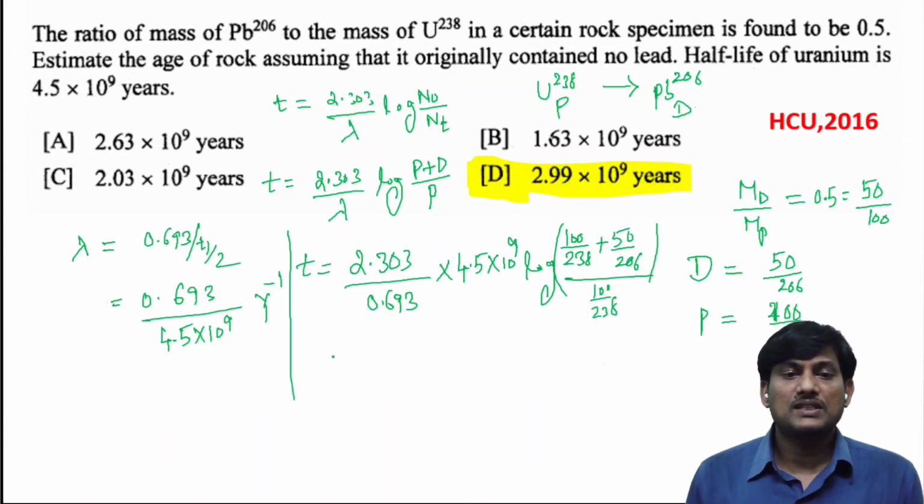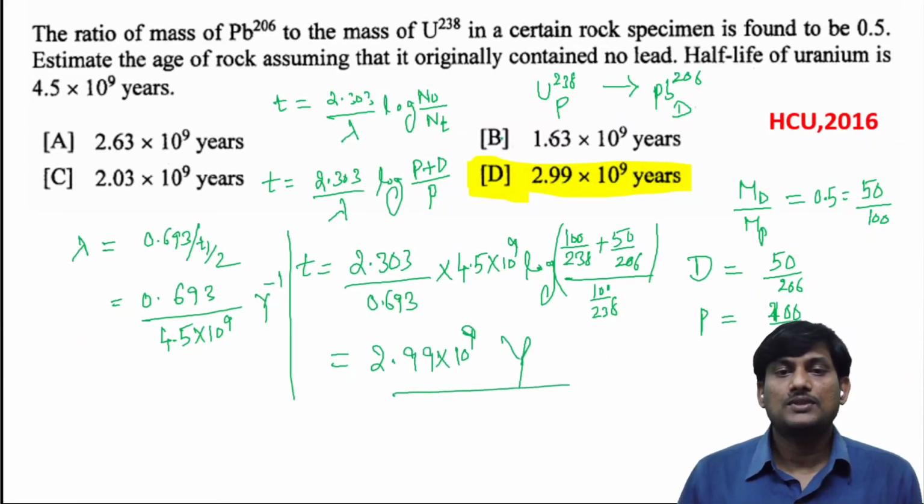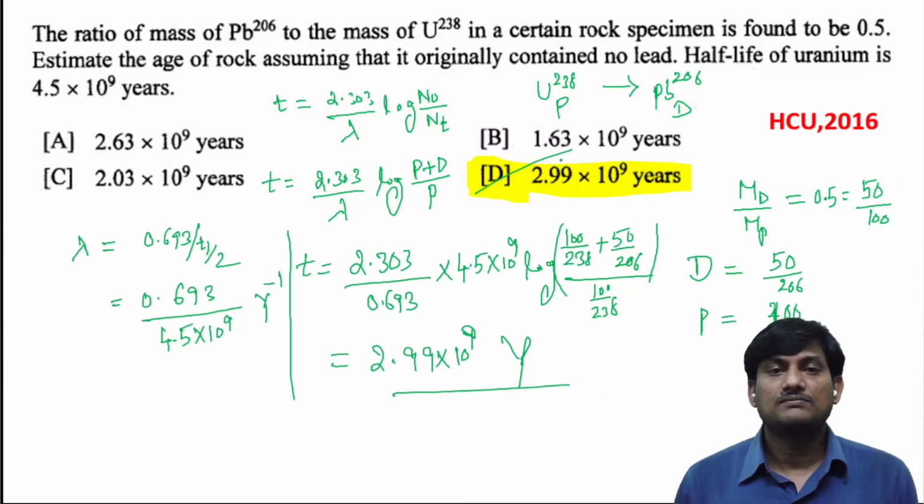Upon simplification, you will get around 2.99 × 10^9 years. So this is the correct option. Thank you very much.